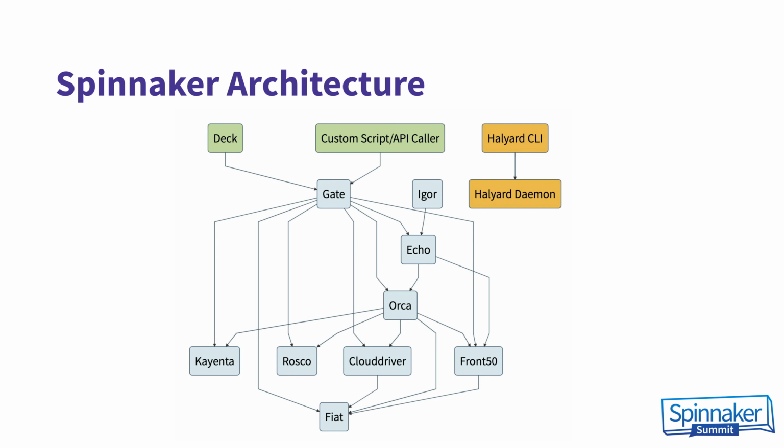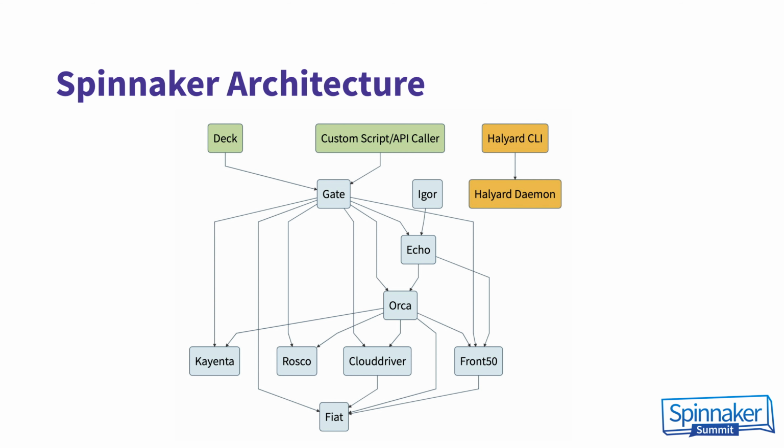What does the Spinnaker architecture look like? It's a microservices-based architecture, with a lot of components. I'll briefly talk about them here. The UI that you see is served by Deck, and everything is interfaced with Gate, which is like an API server.